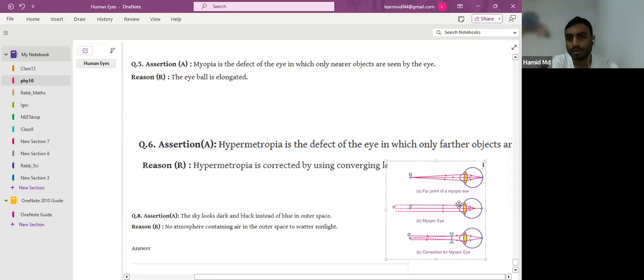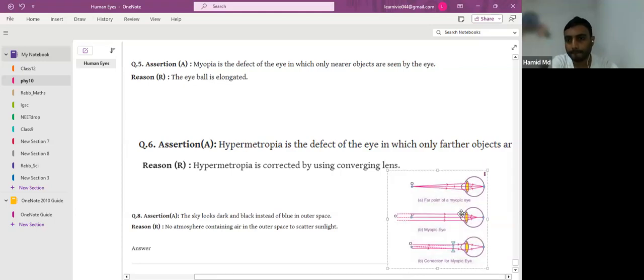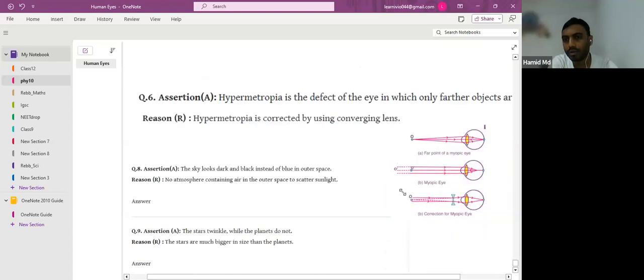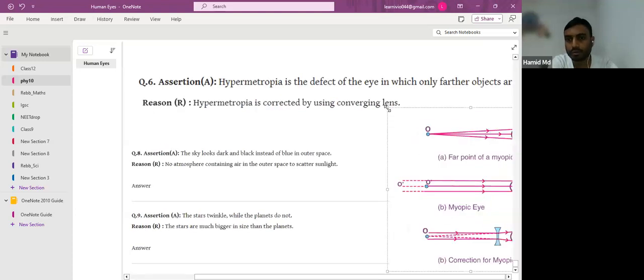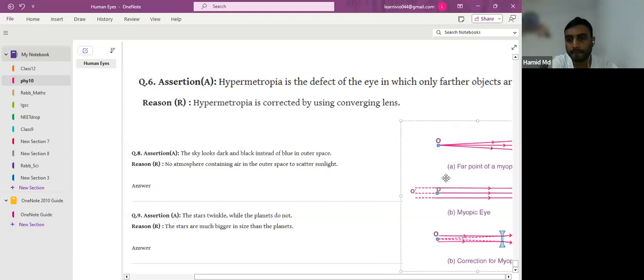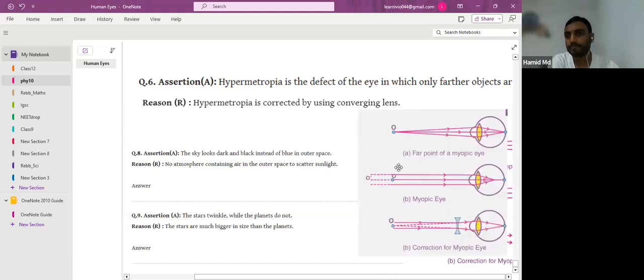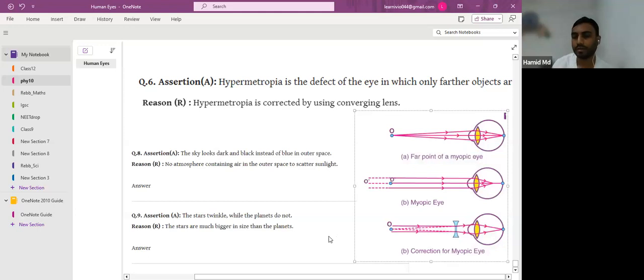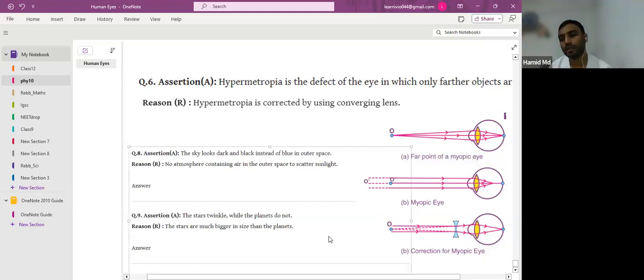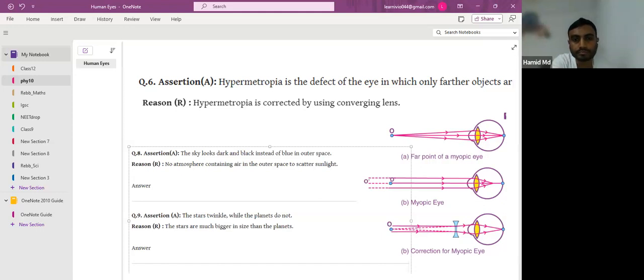Is this visible? Yes, sir. So this is the case of hypermetropia, convex lens. This is a concave lens or a convex lens? This is which type of lens?